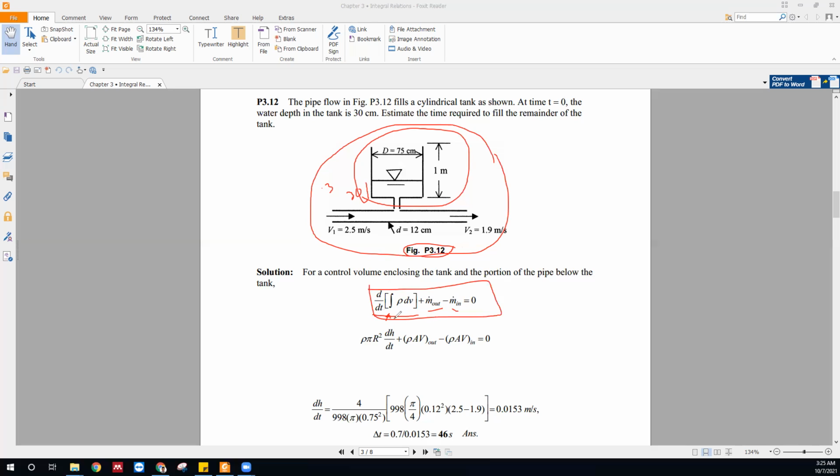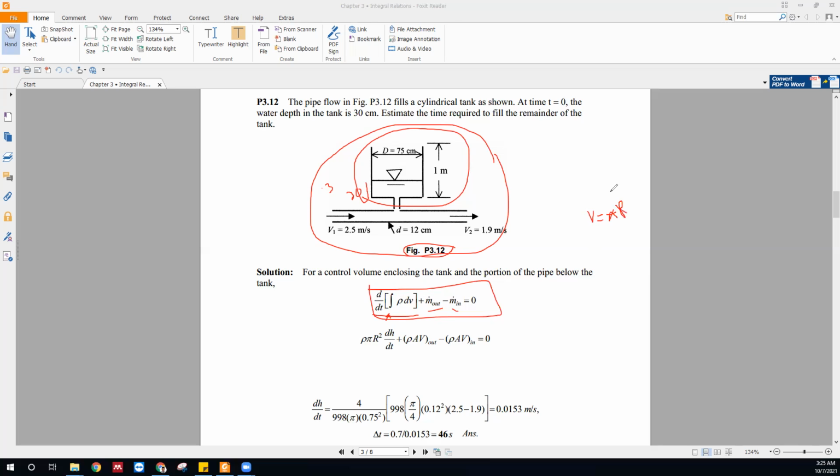Now in this equation we need to change dV. V is the volume, which you can write as pi r square h.